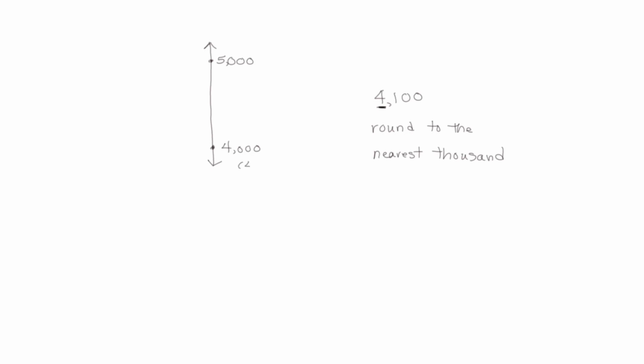So now we're going to find the midpoint between 4,000 and 5,000. So this is the same as 40 hundreds. And this is the same as 50 hundreds. So halfway between 40 and 50 would be 45 hundreds, which is 4,500.